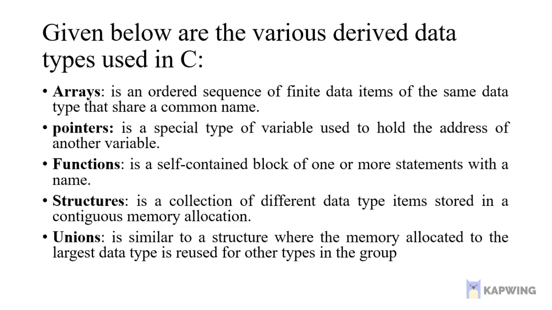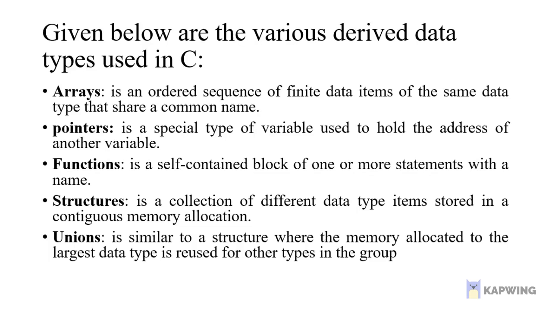Next comes the pointer. A pointer is a special type of variable used to hold the address of another variable. Suppose I want to declare a pointer variable. For that I will use the asterisk symbol, the star symbol.